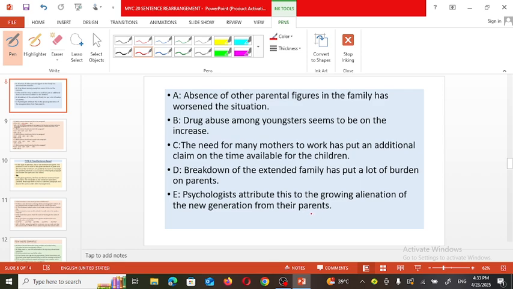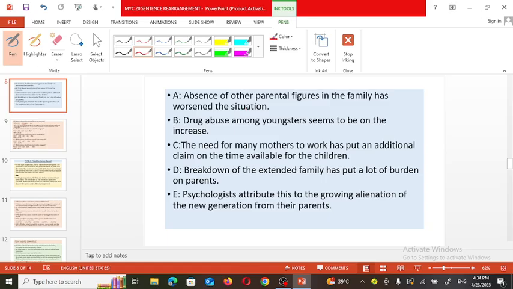So why is this so? Breakdown of the extended family has put a lot of burden on the parents, and due to that the need for many mothers to work has put an additional claim on the time available for the children, and as a result absence of the other parental figure in the family has worsened the situation.